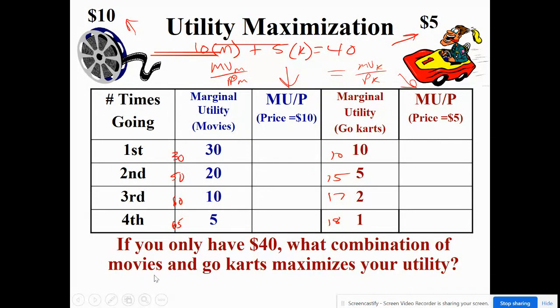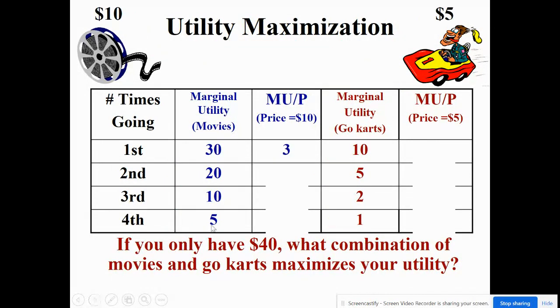So if we calculate each of these, we get 30 divided by 10, which gives us 3, and then 10 divided by 5 is 2. Right now, we know the marginal utility per dollar for movies is giving us greater satisfaction.